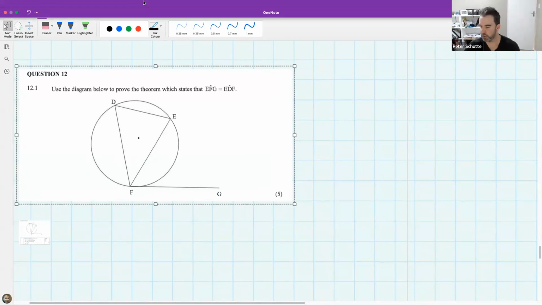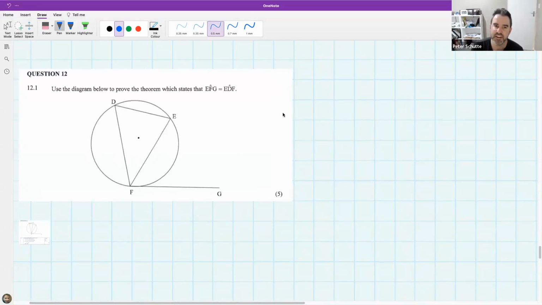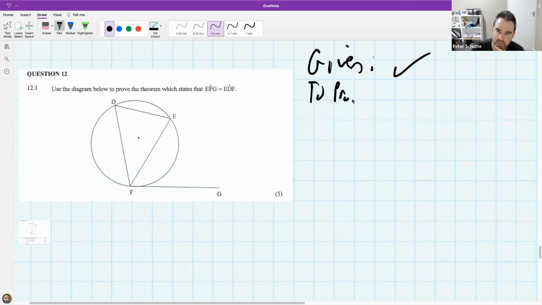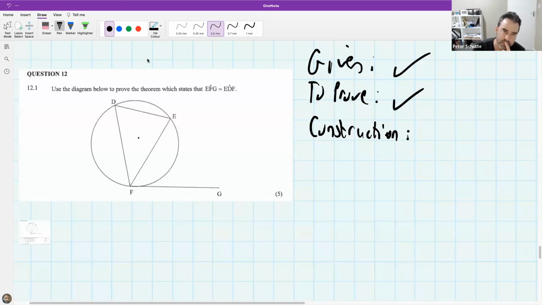So what is my first step? I'm leaving out the given. They gave me the given. I'm leaving out to prove. They've done that. I think my first step is, what construction do I need to do? Now, I need to actually draw the diameter, don't I?